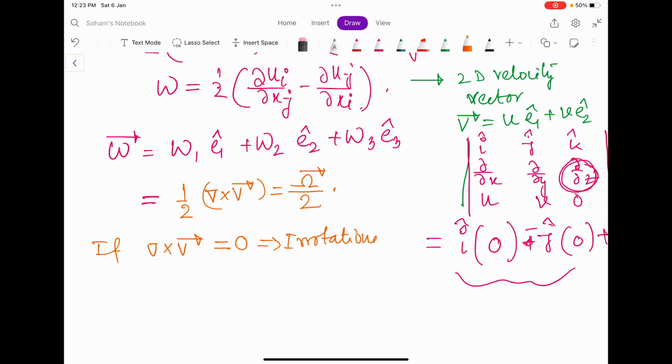Rotation means rotation of a fluid element about its own axis. If curl of V is not equal to 0, the flow is rotational.